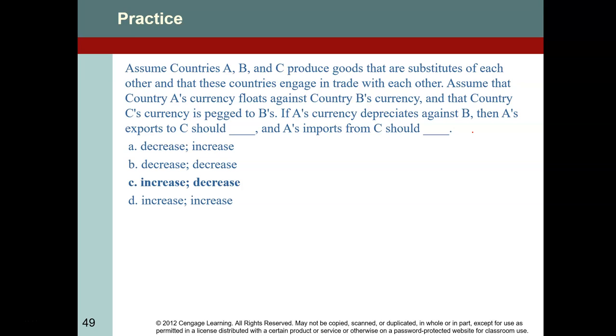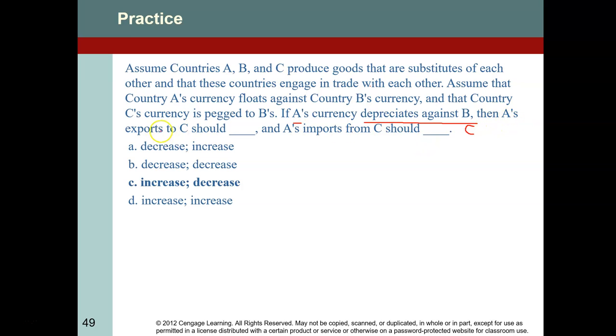Okay, this question is very similar to the first one, even though we have more information here. We know A depreciates against B, and we know C is pegged to B, right? So A should depreciate against C as well.